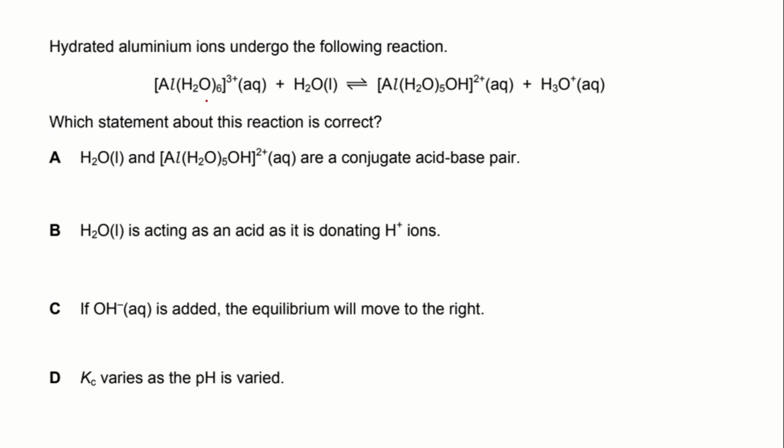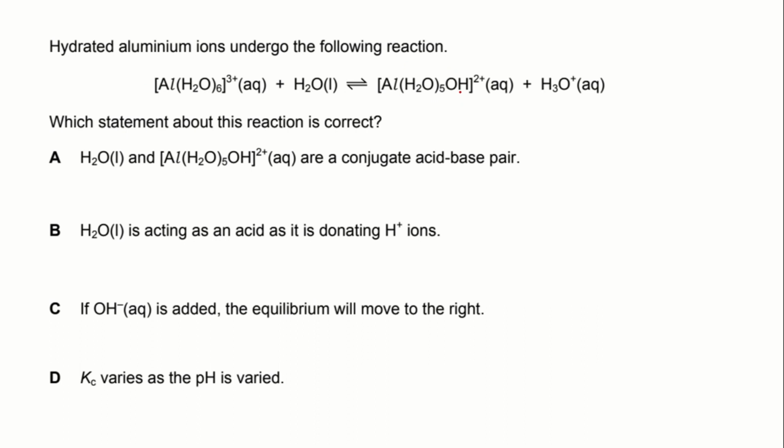We have two aluminium species here. Left hand side, right hand side. Left hand side, aluminium ion is bonded to 6 water molecules. Right hand side, aluminium is bonded to 5 water molecules and 1 hydroxide ion.